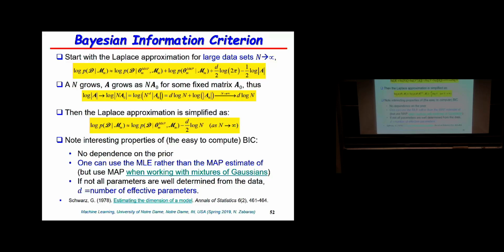So in a few lines, we defined something very powerful. A lot of times you're going to say, select the model that maximizes this right-hand side. And as I said, often instead of the MAP estimate they use the MLE estimate. You notice again the interplay of two terms: one says maximize the likelihood, but the other penalizes the complexity of the model.